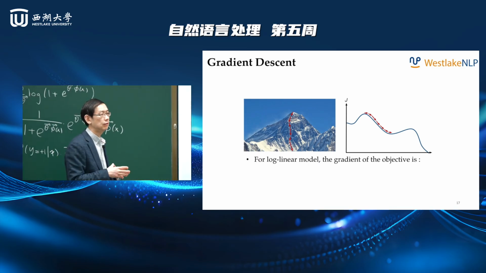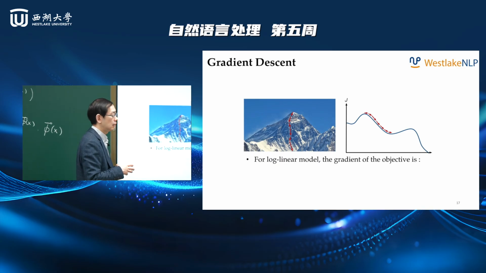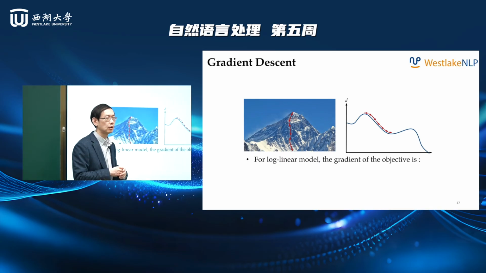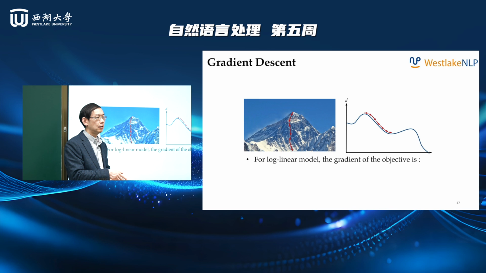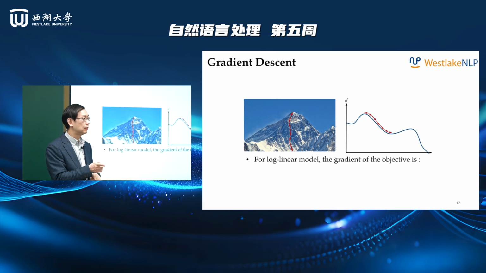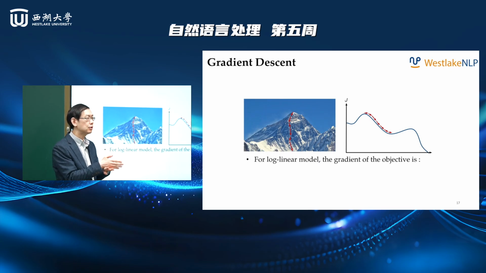And you take the negative of this gradient, you can climb down. All right, now we know the direction, we know the angle, where to go. But the next thing is, how much do we need to go down?